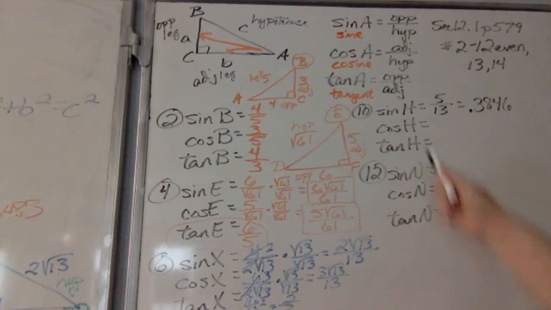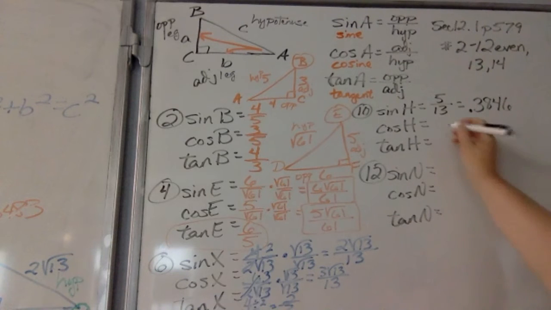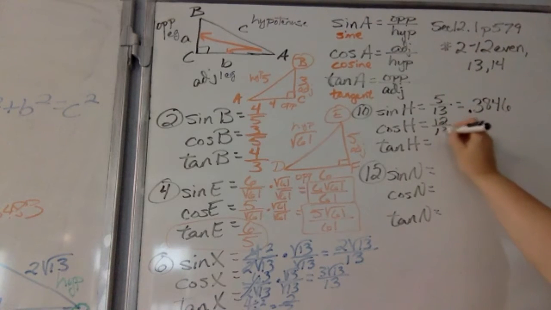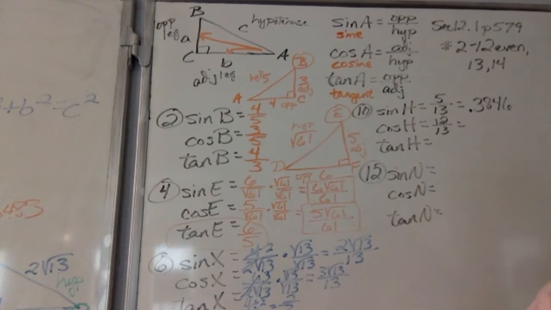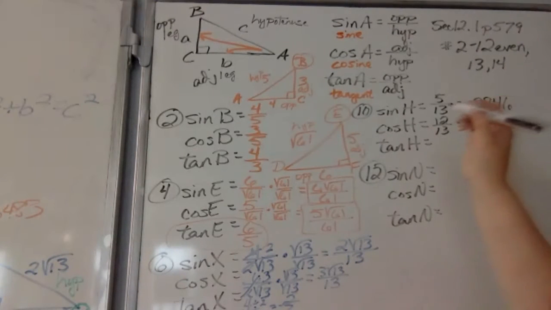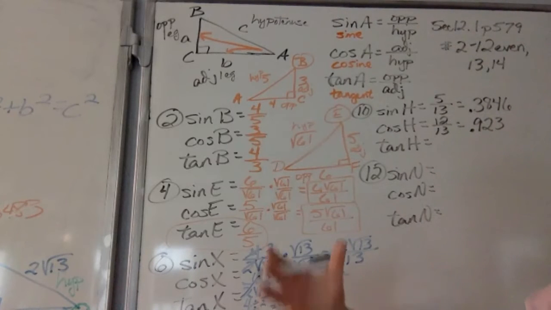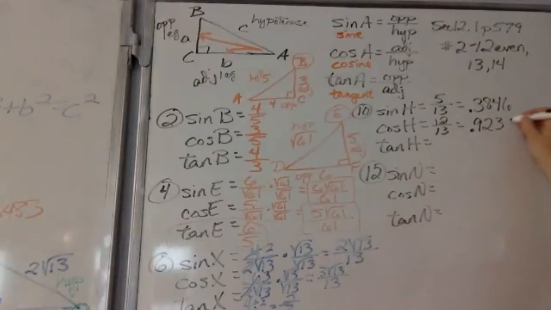Next one is the cosine. Cosine is adjacent side over hypotenuse. So that's 12 over 13. So 12 divided by 13. Get another repeating decimal, 0.92, and then it's 307. So the 7's going to make the 0 go up to a 1.